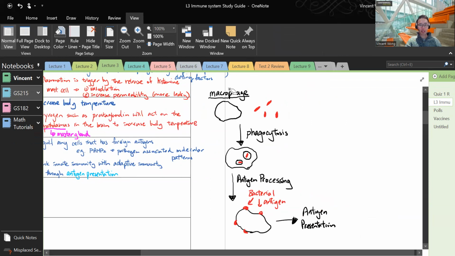Phagocytes are a type of cell that can do this. And cells that are able to do this, we call antigen presenting cells, or APC for short. So the macrophage is an example of an antigen presenting cell.